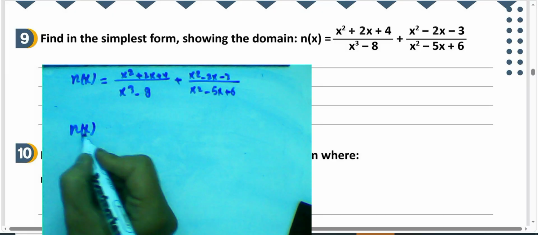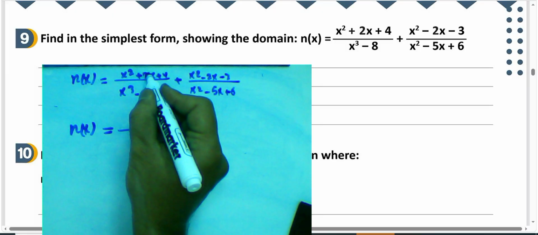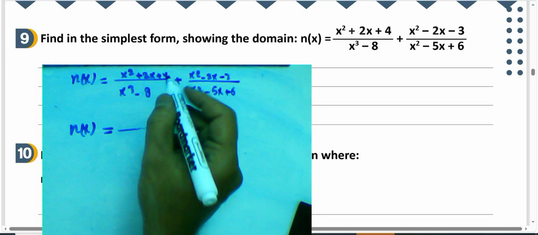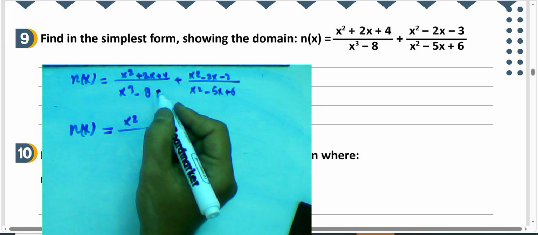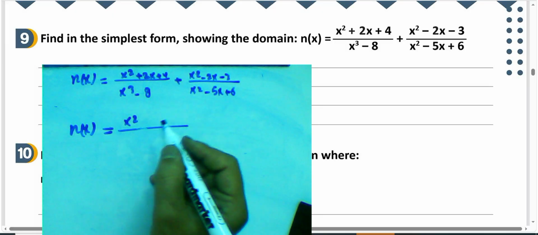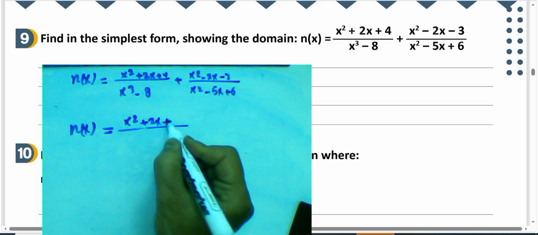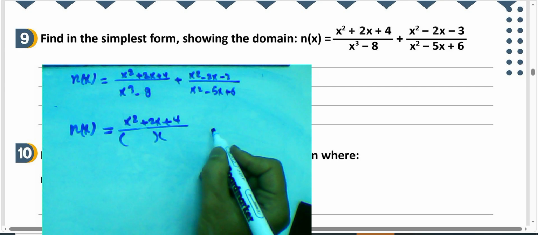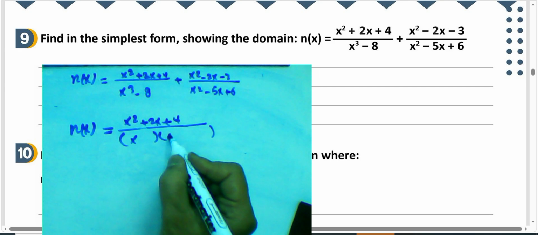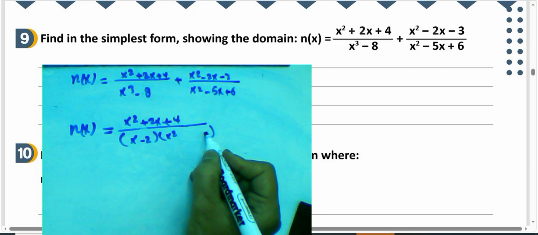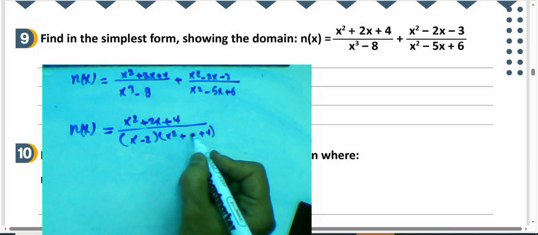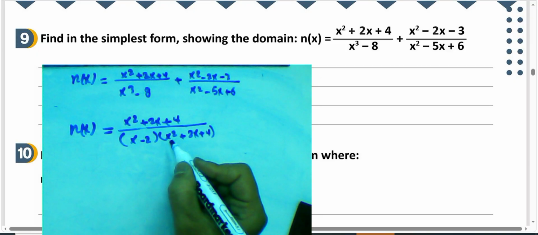Then you can factorize up here. We can't factorize the numerator because we don't have two numbers whose product is 4 and whose sum is 2. Then we write the same expression again, and factorize x power 3 minus 8: x times x power 2, and negative 2 times itself will be 4, and the middle is positive 2x.